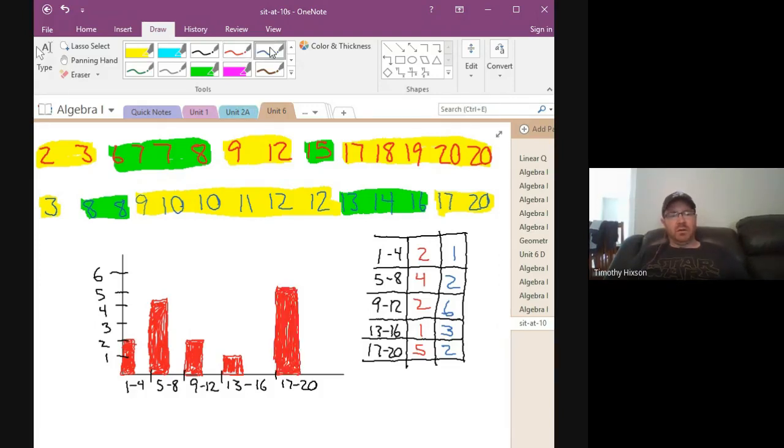All right, so now we're going to do the same thing with the blue right next to it. So in the first range, there's only 1. 5 to 8, there were 2. And then in the 9 to 12, there were 6.